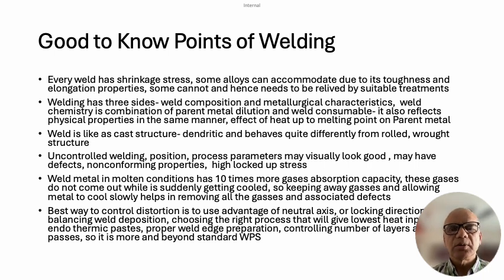Plus the parent metal is going to melt, plus the consumable is going to melt. So from the resulting chemistry, after the anticipated dilution from the parent metal and the burnout of the consumable, we will understand what is the metallurgy which we are likely to get. And if this metallurgy falls into one of the known materials, then the properties will be known.